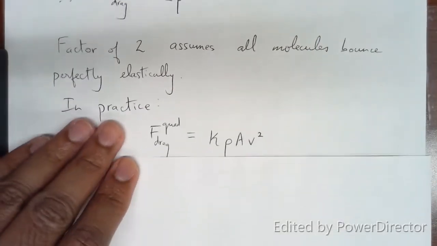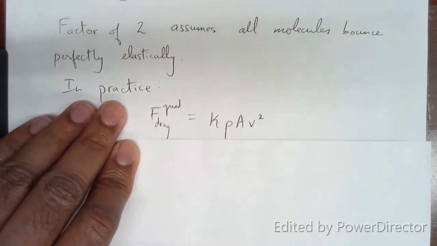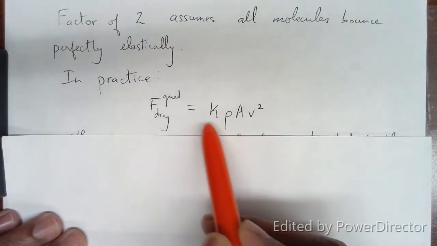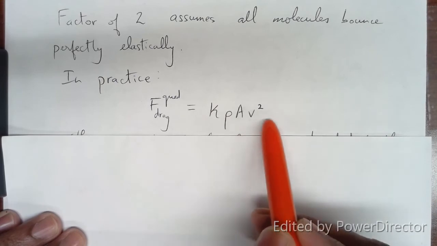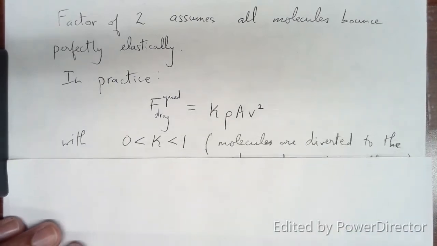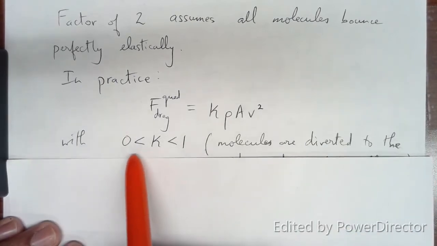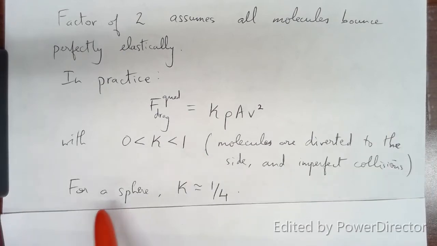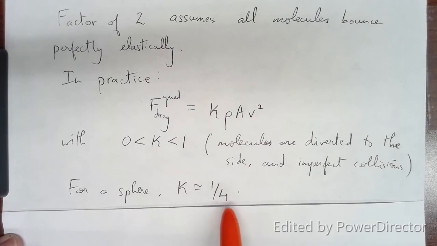And so in practice what we have is F drag quadratic is kappa rho A v squared, with kappa most of the time lying between 0 and 1. For a sphere, we find that kappa is approximately 1/4.